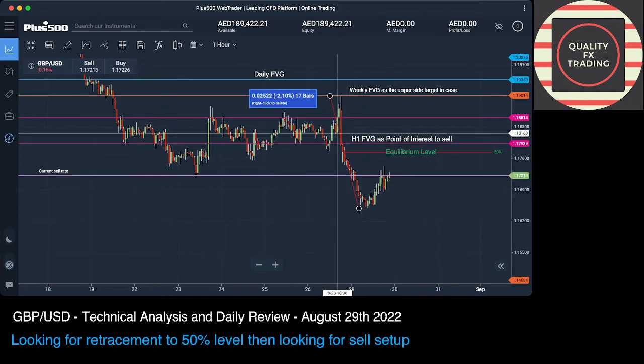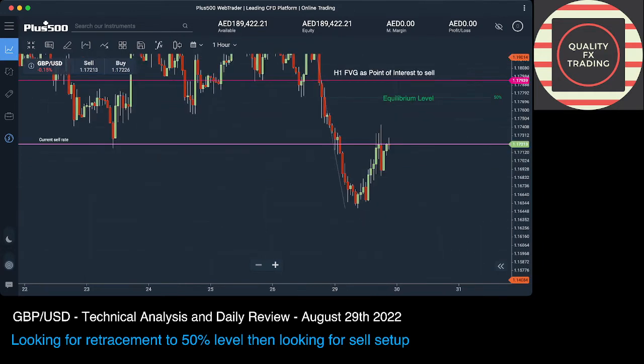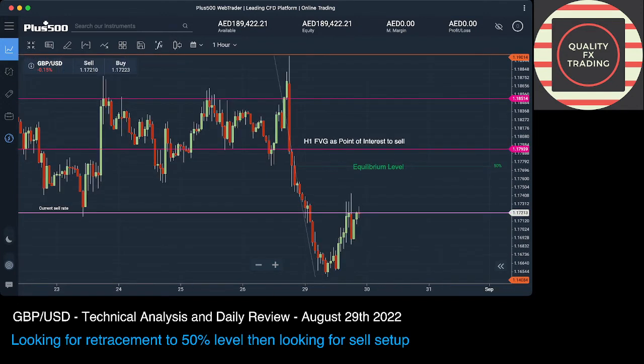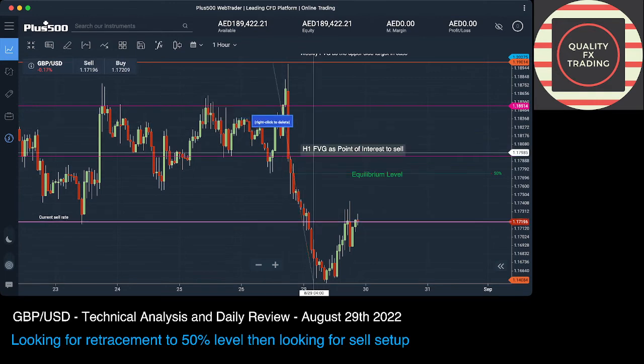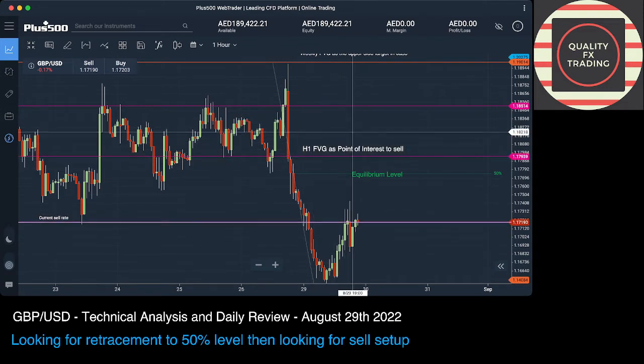And as you have seen in my previous videos, I'm always referring to some concept. This one is the breakaway gap.